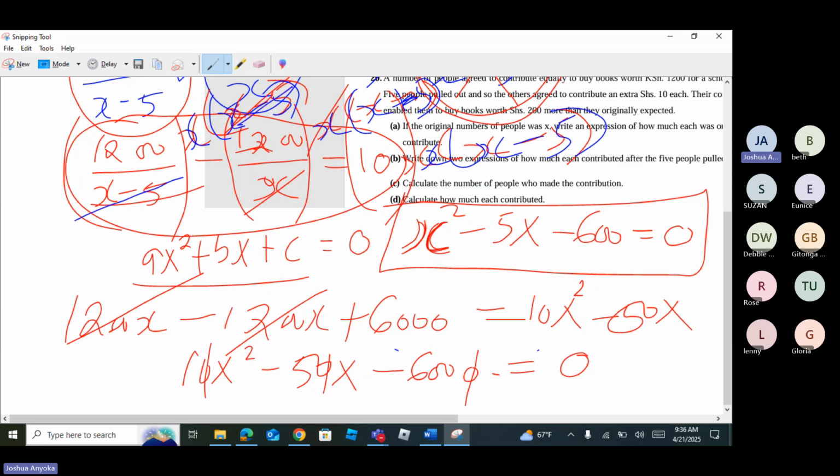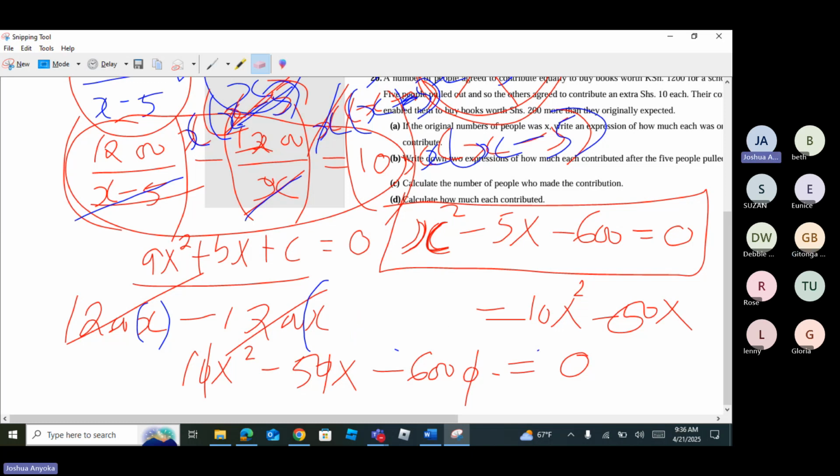So what will remain is 1200 into x. X will cancel with the x. What will remain is 1200 into x minus 5.